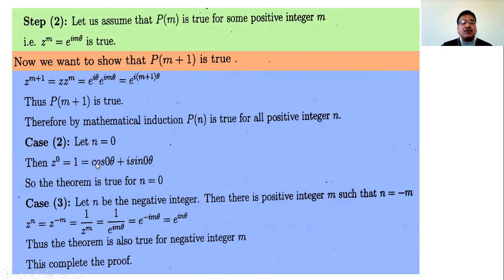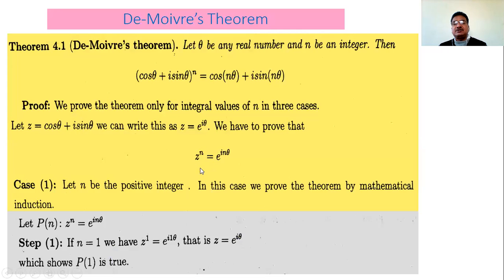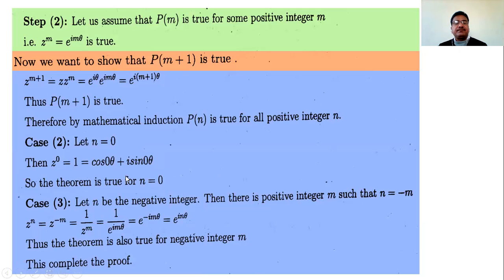And cos 0 theta plus i sin 0 theta is e raised to i 0 theta. That is, z raised to 0 is e raised to i 0 theta, and the result is true for n equal to 0.